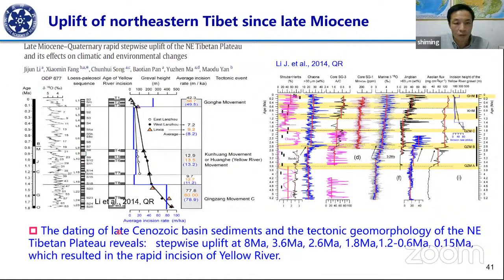Many studies show, from the dating of the Late Cenozoic basin sediments and the tectonic geomorphology of northeast Tibet, a stepwise uplift at around 8 million years, 3.6 million years, 2.6 million years, 1.8 million years, 1 million years, and 0.15 million years, and all this resulted in the rapid incision of the Yellow River. So this suggests that the Yellow River evolution is also strongly related to the tectonic uplift of the northeastern Tibetan Plateau.